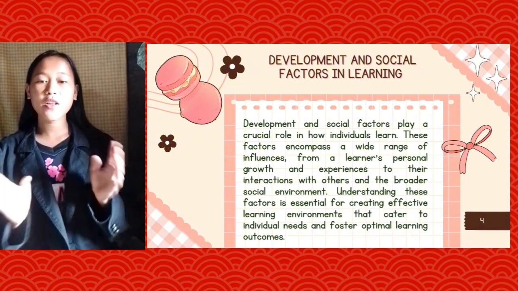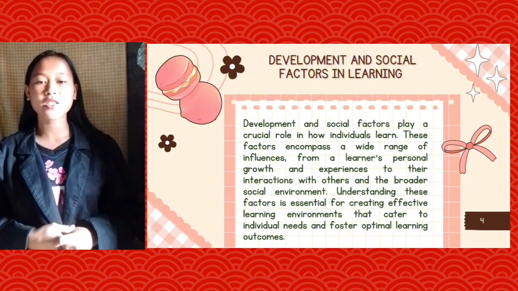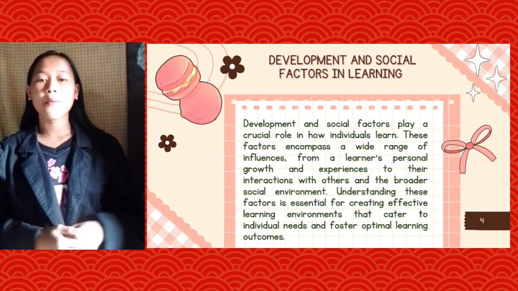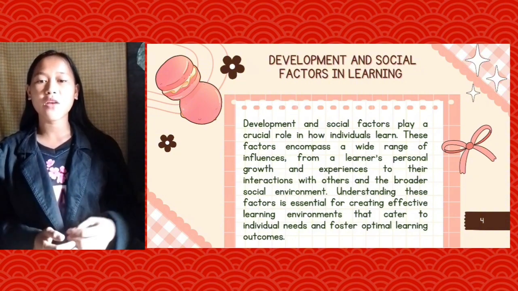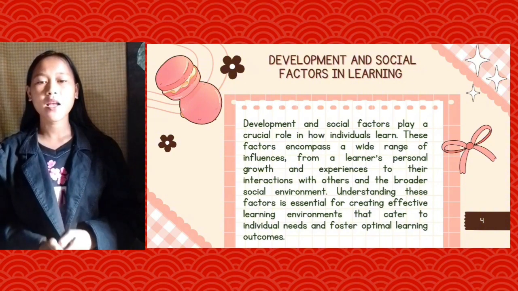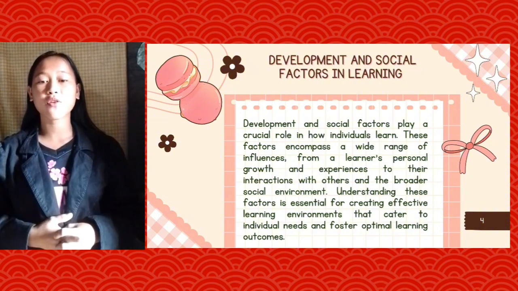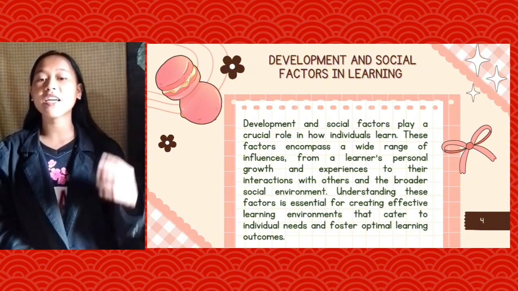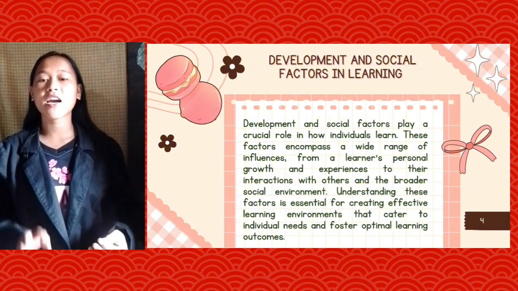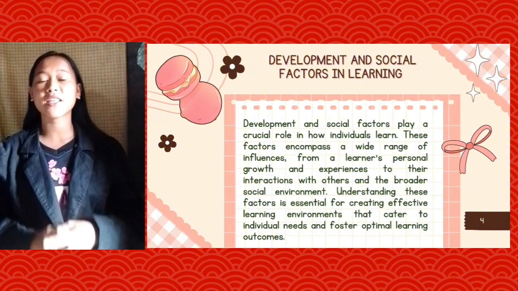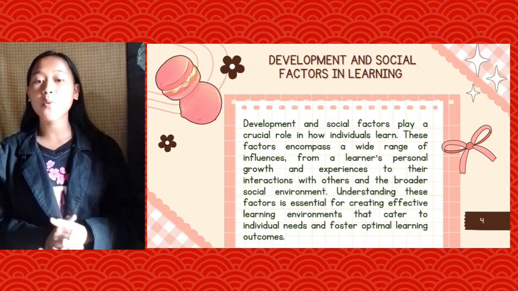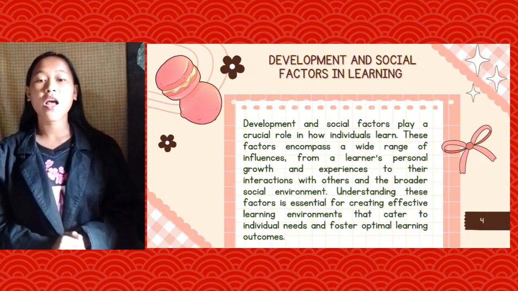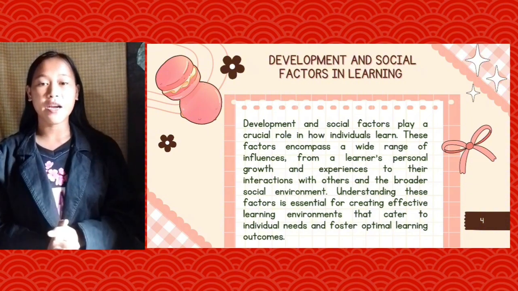So developmental and social factors are interconnected and profoundly influence learning. By understanding these factors, educators and parents can create learning environments that are responsive to individual needs, promote positive social interactions, and foster a love of learning.